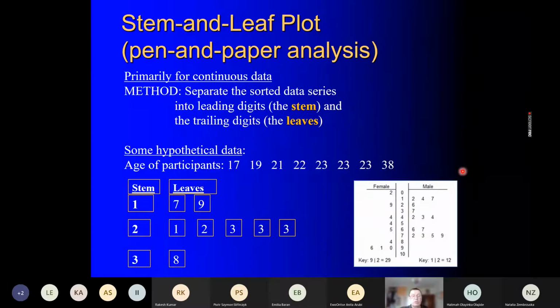Another approach for continuous data is the usage of a stem and leaf plot, when we separate a sorted data series into leading digits and trailing digits. It's actually useful mostly for a relatively small data set, but it provides a good and quick insight into our data set.